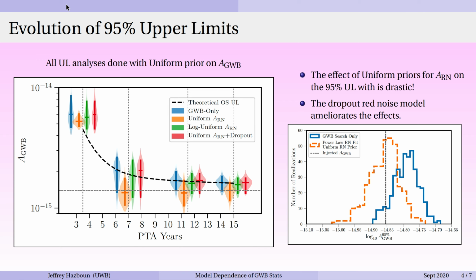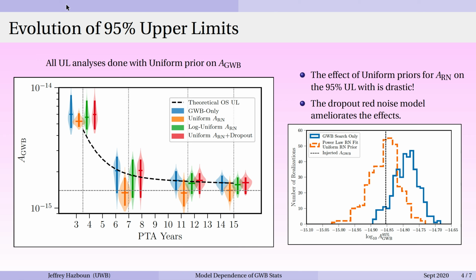On the right, I'm basically showing the rightmost violin plots from the left plot. So these are the posteriors from the blue, which is just if I only have a gravitational wave search, no red noise model. The orange dashed line is if I have the standard power law red noise fit for each pulsar, but with a uniform prior for the upper limits.